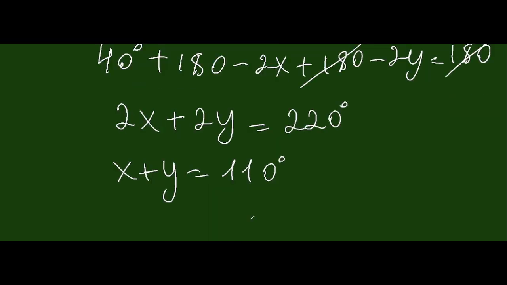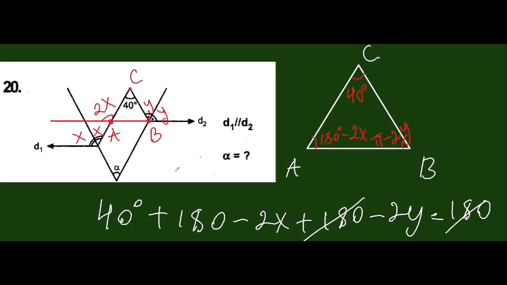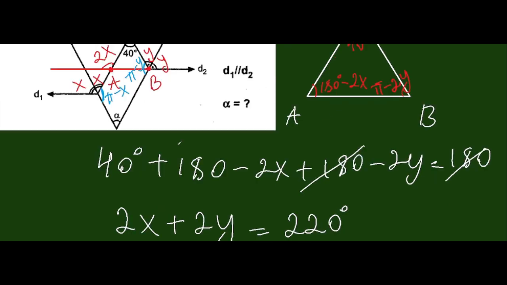So we got x plus y, and the next step is that we know this angle is pi minus x, and this angle is also pi minus y. So we will use again the sum of external angles of this quadrangle.